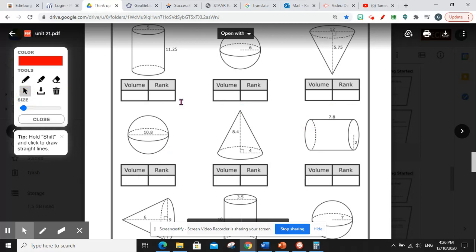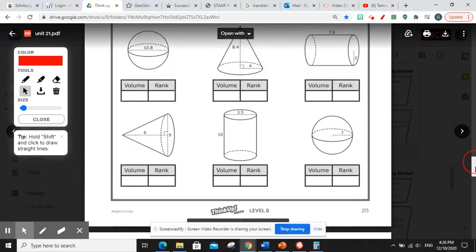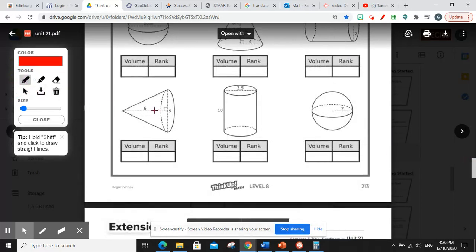Okay, and then moving on to the last three. So here we have a cone. Remember, my volume for cone is 1/3 pi r squared times my height. I need my radius and I need my height. So my radius is going to be half of this. So remember that this is my diameter. I got to cut that in half, which ends up being 4.5. And my height is going to be 6.